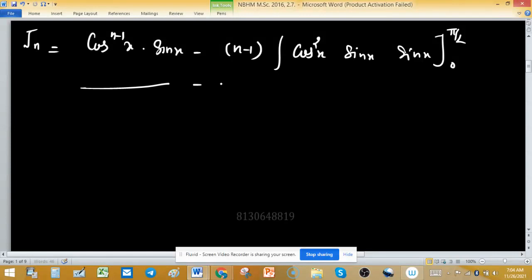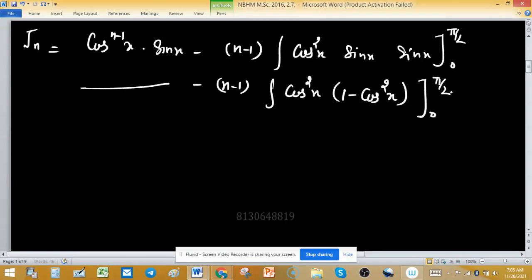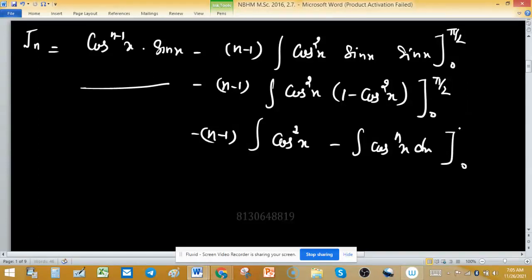This first term is the same, and this one is (n-1) times the integral of cos^(n-2) x sin^2 x, and I can use the property sin^2 x is 1 minus cos^2 x, with limit from 0 to pi by 2. After applying the distributive law in this term, I can write (n-1) times the integral of cos^(n-2) x minus cos^n x dx, and the limit is from 0 to pi by 2.